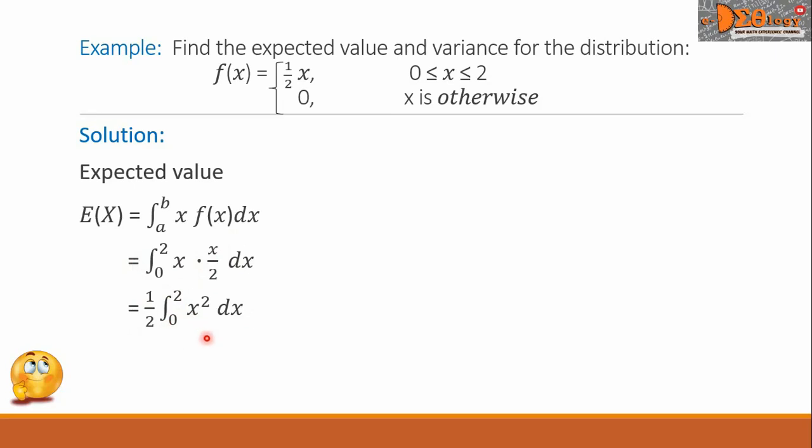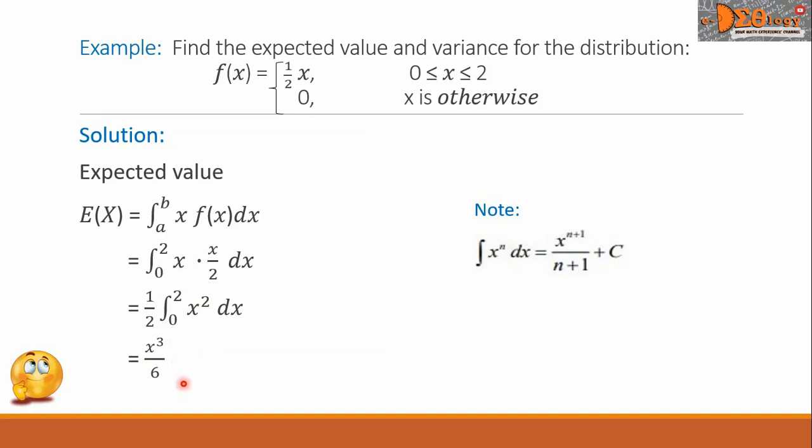Let us now integrate the function. In here, we're going to use the power rule of integration, and here is the formula. So, the integral of x squared becomes x cubed over 3. And this 1/2 we'll just copy down here. Simplifying this, we multiply the 2 and the 3. So we have x cubed over 6.